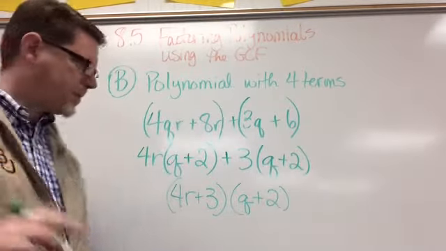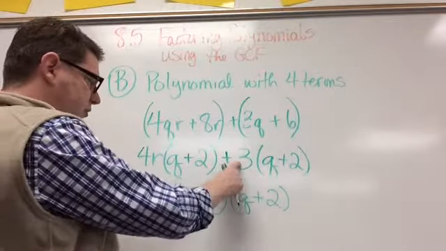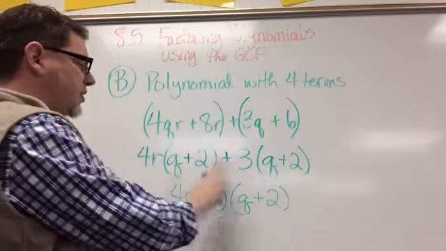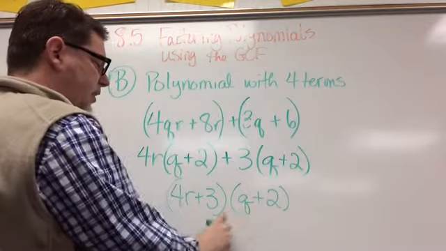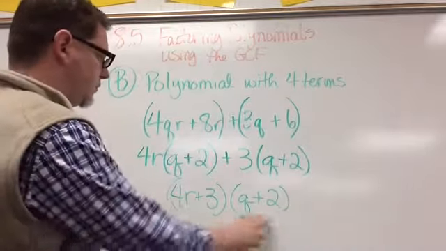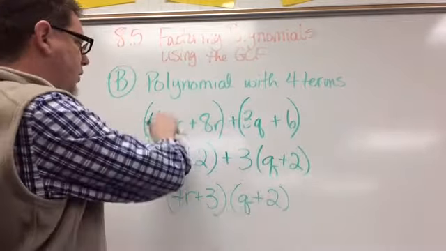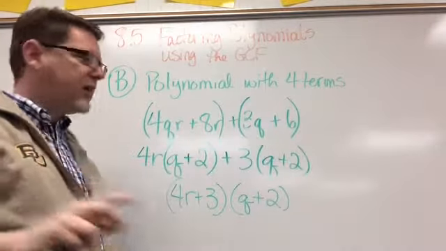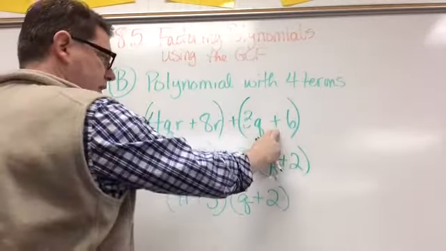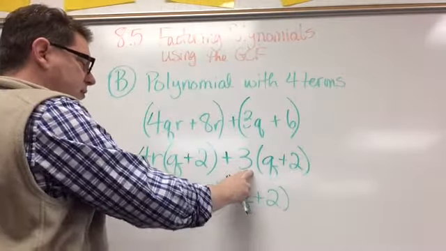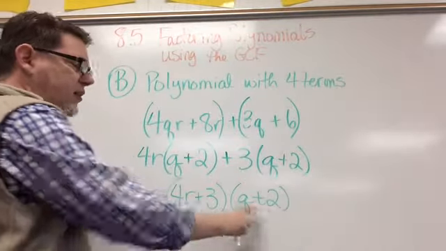Notice one more time, 4r plus 3 goes in the first binomial, and q plus 2 goes in the second binomial, and they're multiplied together. And if we did FOIL with those, we'd come up with 4qr plus 8r plus 3q plus 6. Once again, grouping into two binomials, finding the greatest common factor of each binomial, factoring out, and then simplifying.